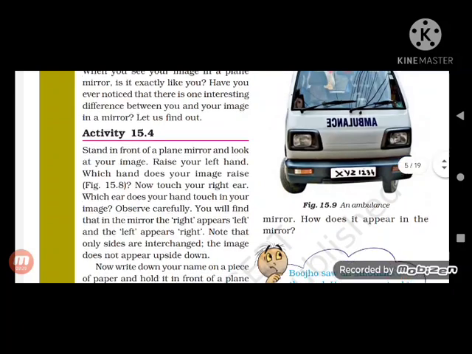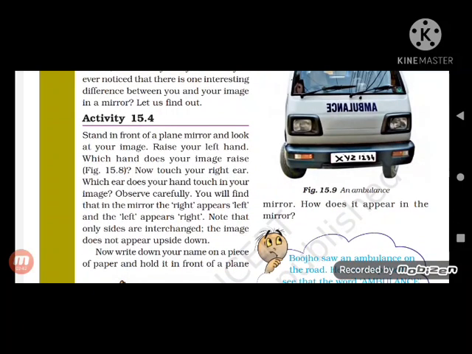So, before doing any other activity, remember that whenever you are taking an image, the image will change only sides. Like if you are raising your right hand, then it will show your left hand.